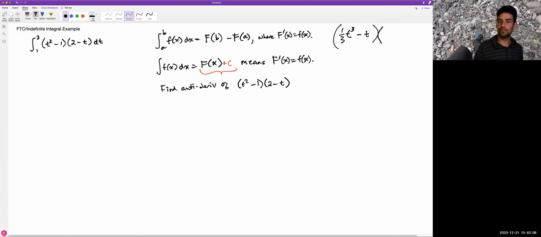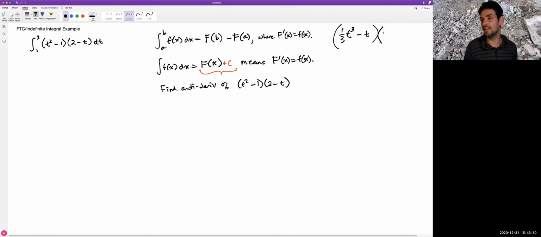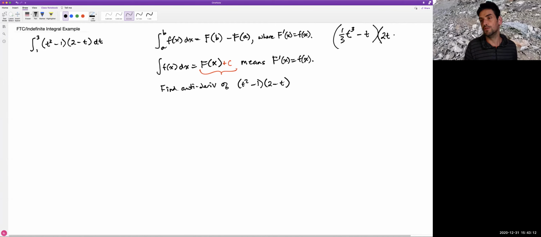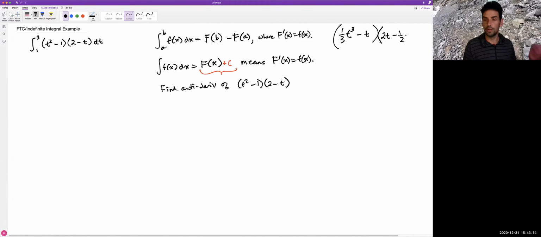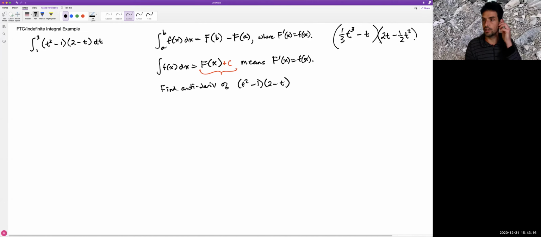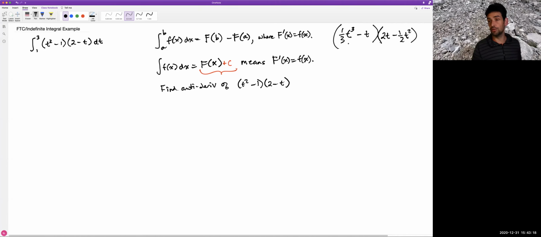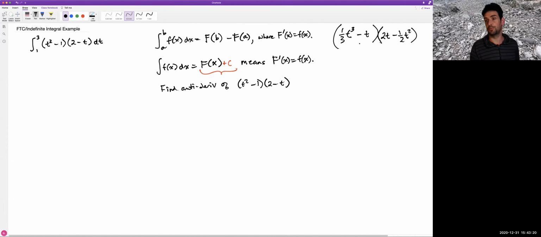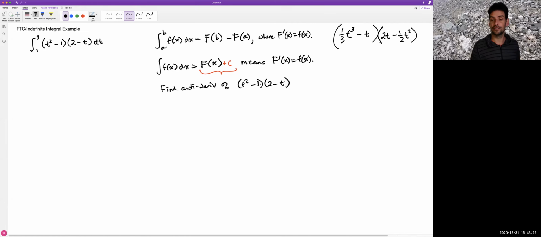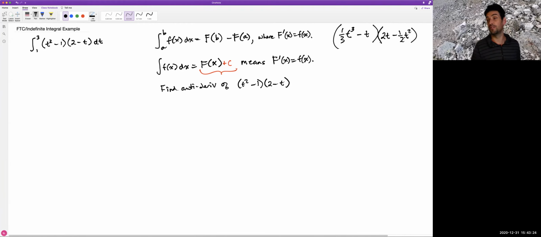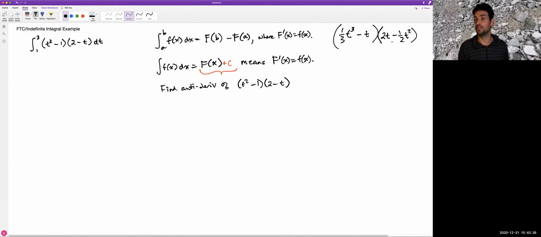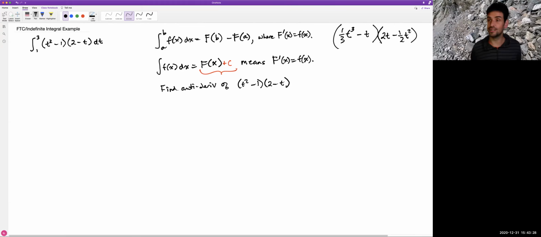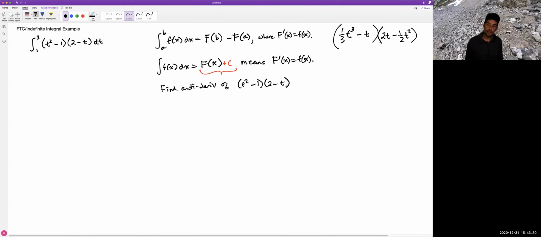And something whose derivative is 2 minus t would be 2t minus 1/2 t squared. It's true that if I take the derivative of the first parentheses I'll get the first parentheses here, and the derivative of 2t minus 1/2 t squared gives 2 minus t. The problem is, that's not how derivatives work.